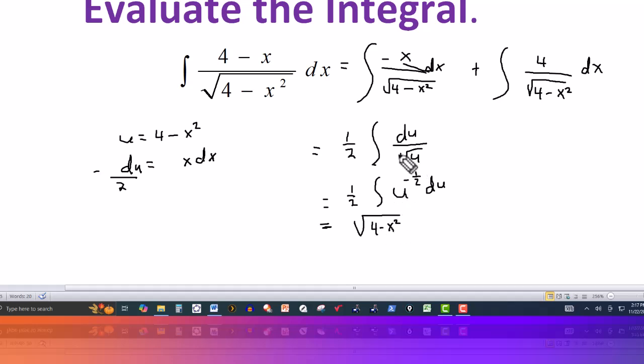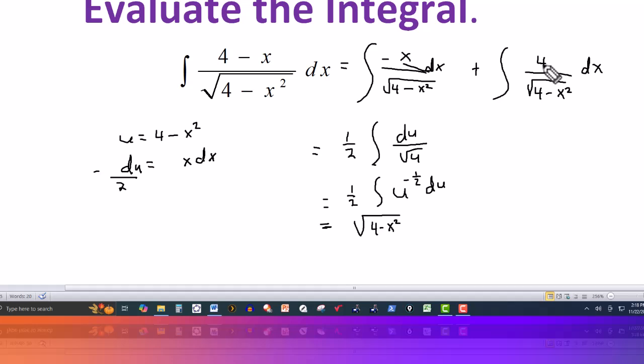Again, I brought this up to the top, became u to the negative 1/2, and then I added 1 to the exponent, it gives me 1/2, and then of course dividing 1/2 by 1/2, I get 1. So this leaves me with u to the 1/2, but u is 4 minus x squared, and the 1/2 of course can be written with a square root. So that takes care of the first integral.